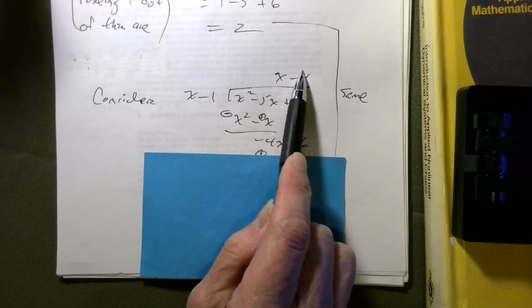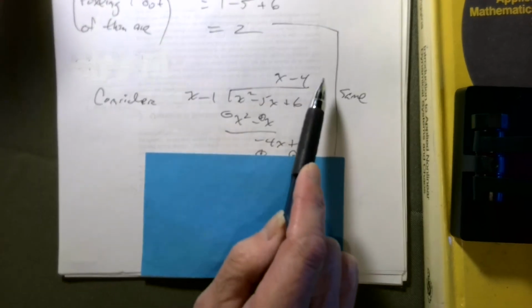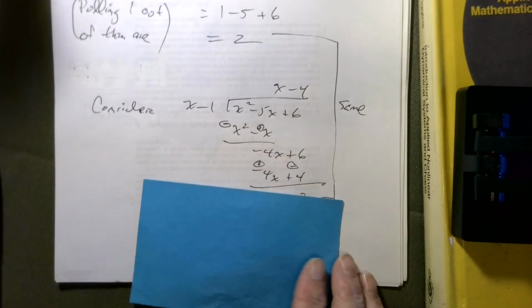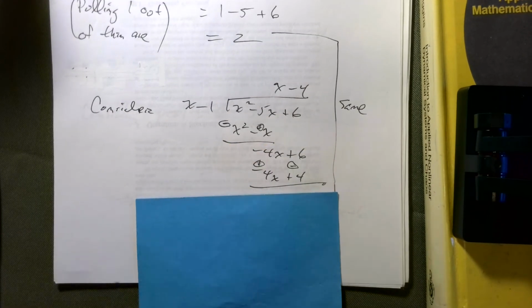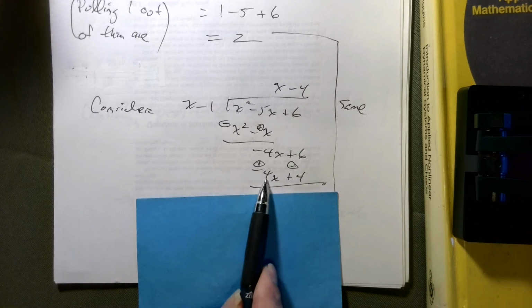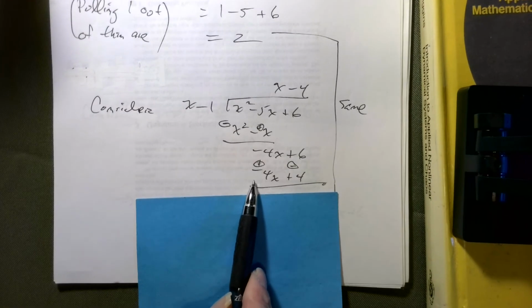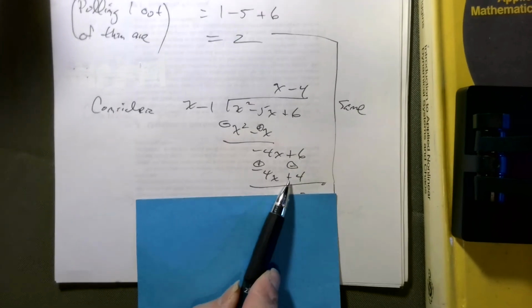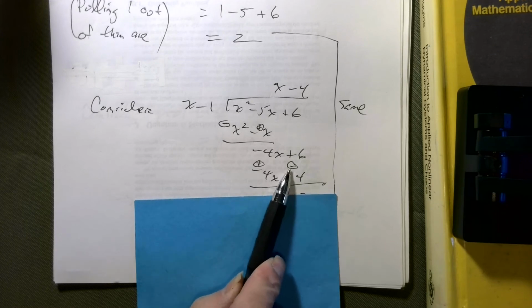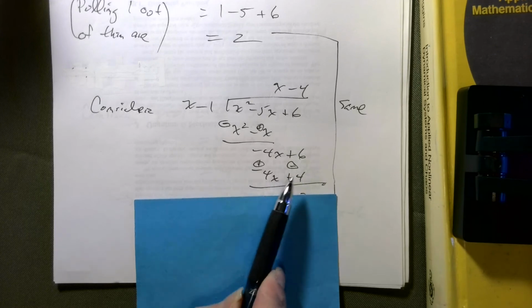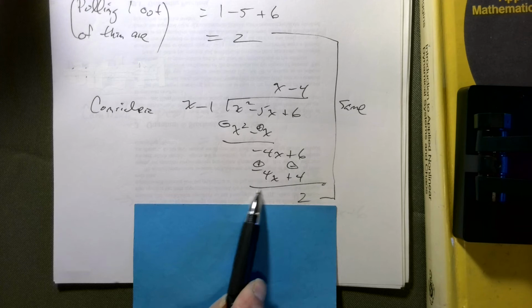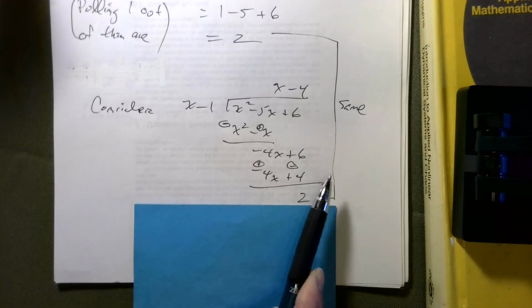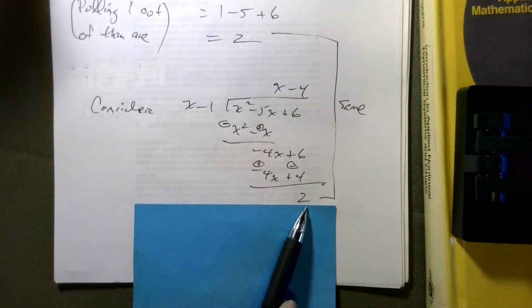So now we take negative 4 times this, and we get that. So we subtract, so what was negative now becomes positive, what was positive now becomes negative. And if I've done this correctly, the x's cancel, and I've got 6 minus 4, which is 2.